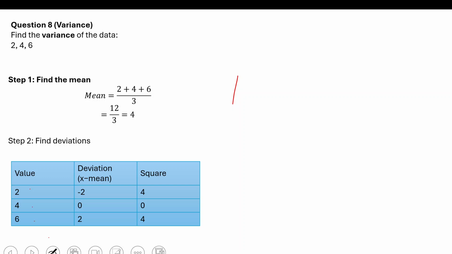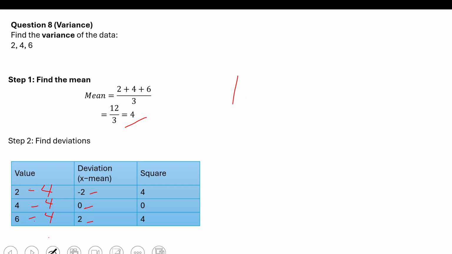Now, having gotten the mean, we have to subtract the mean from each of these values. So here I have 2 minus 4 because 4 is the mean I got here. That gives me minus 2. And 4 minus 4, 0, because it's the mean, and 6 minus 4. Everything here I have minus 2, 0, and 2.